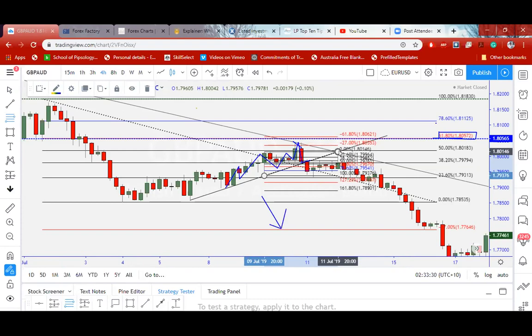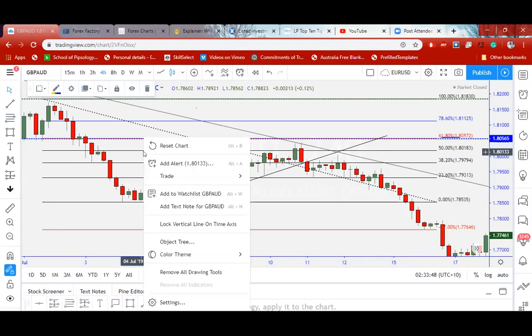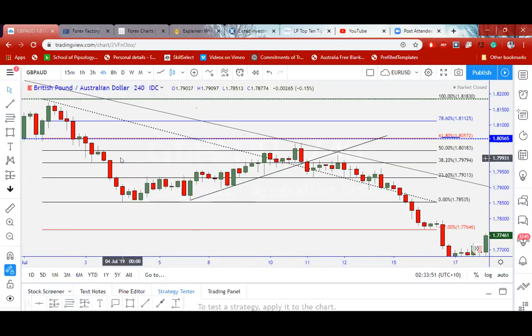So what do you need to put? Let's delete the Fibos. Low to high, so it's touching minus 27. Okay, it's correct, but you know the important thing is the 61.80, it's not tapped. By the way, the counter trend line breaks.